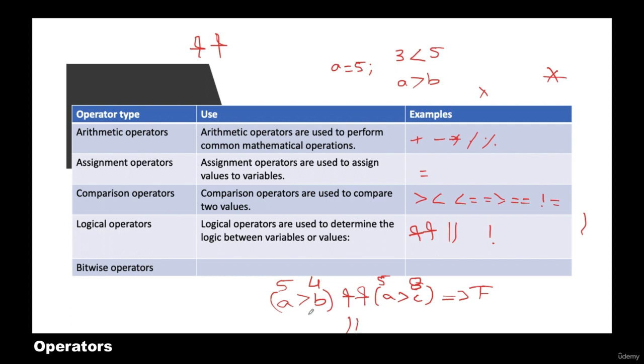With OR, if any of the conditions is true, it will return a true value. So if A greater than B, and instead of AND we are using OR, then A greater than C: one condition is true but the other is false, but still it will return a true value because we are using the OR operator. That's it about the OR operator.